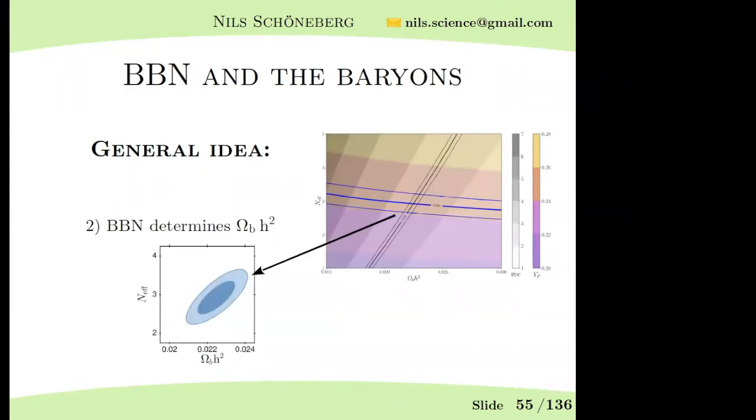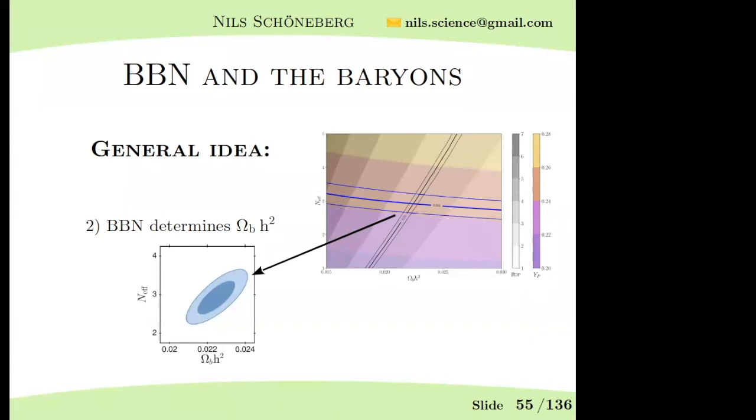So how does BBN do it? Well, BBN measures basically the abundance of helium and of deuterium. Here you can see I plot the helium abundance in this colored plot, and I plot the deuterium abundance in grayscale. You can see the two measurements here. For different parameters of the baryon fraction and the number of neutrinos in our universe, you get different predictions for the abundance of both helium and deuterium.